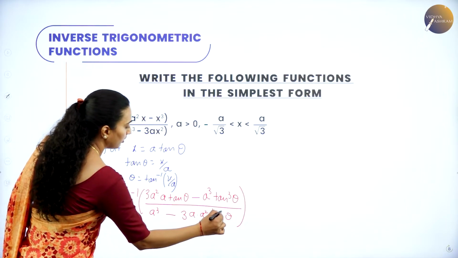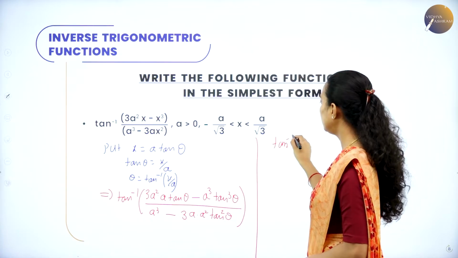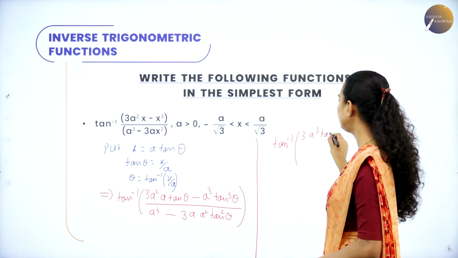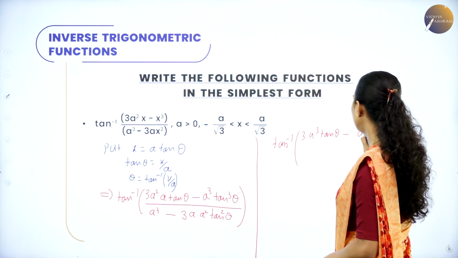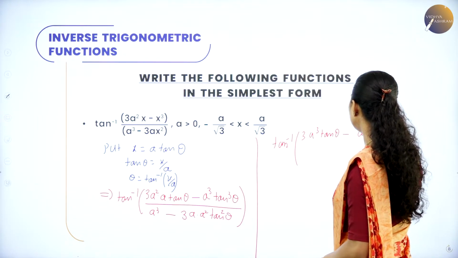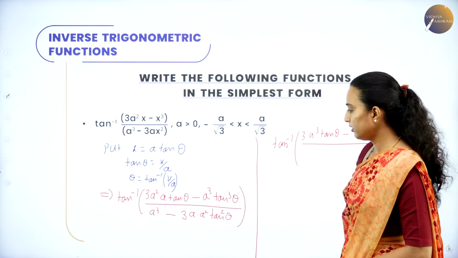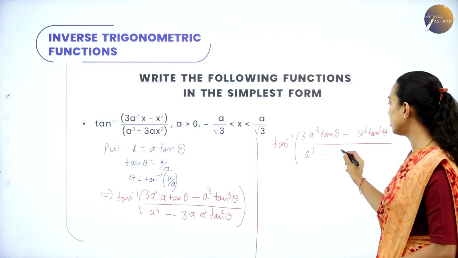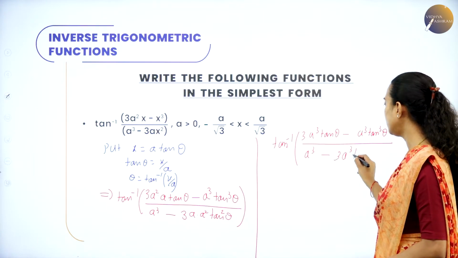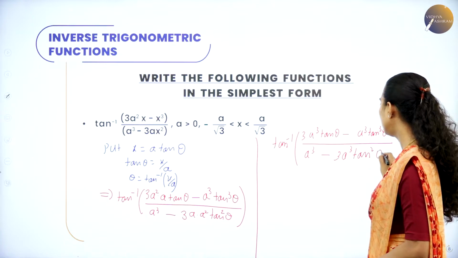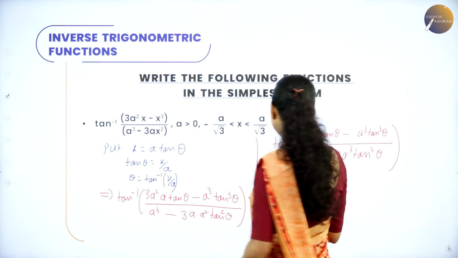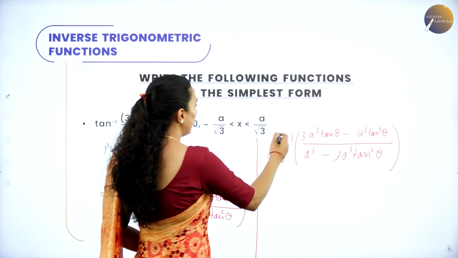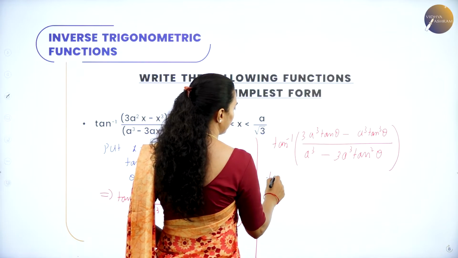So, therefore, you are going to have it as here tan inverse of 3a cube tan theta minus a cube tan cube theta divided by, you are going to have it as a cube minus a into a squared is a cube, 3a cube tan squared theta. Right? So, therefore, you are going to take common factor, what it is, a cube from the numerator. So, I can take a cube from the denominator also.